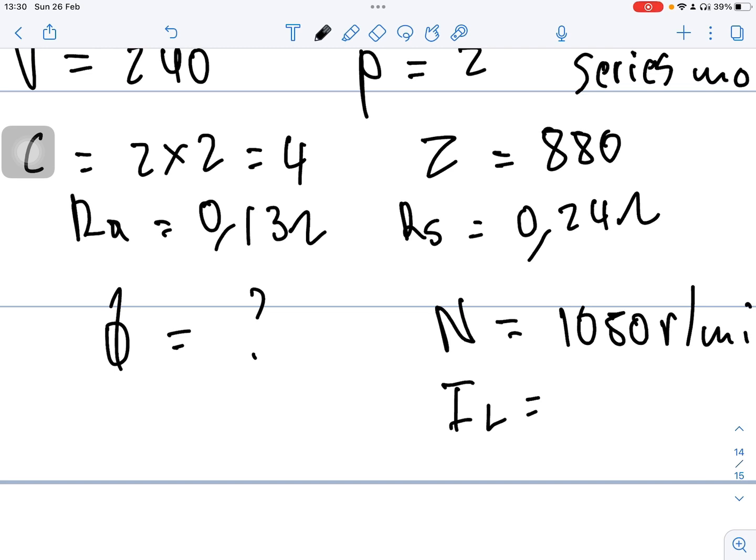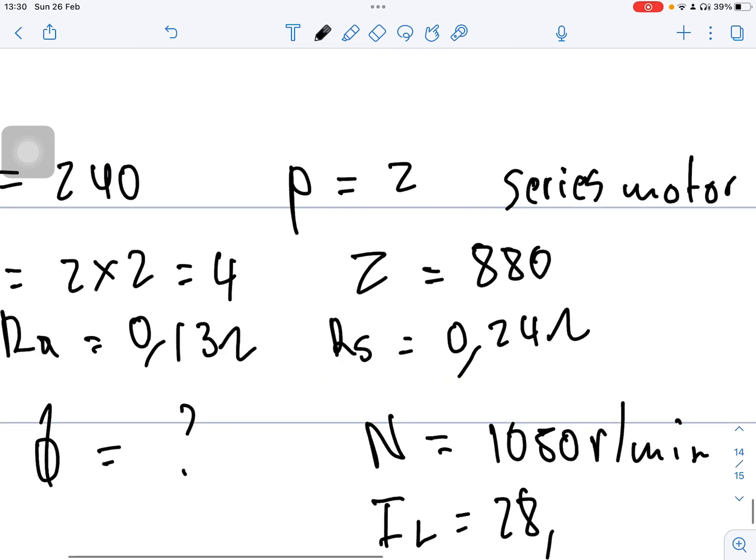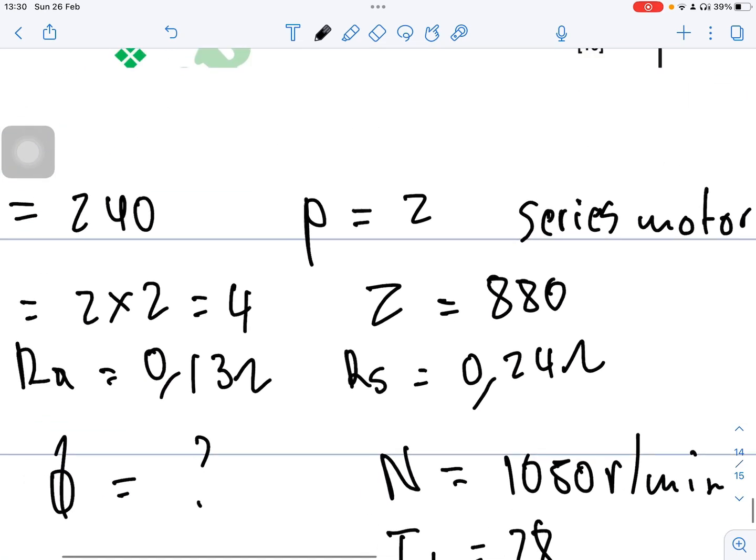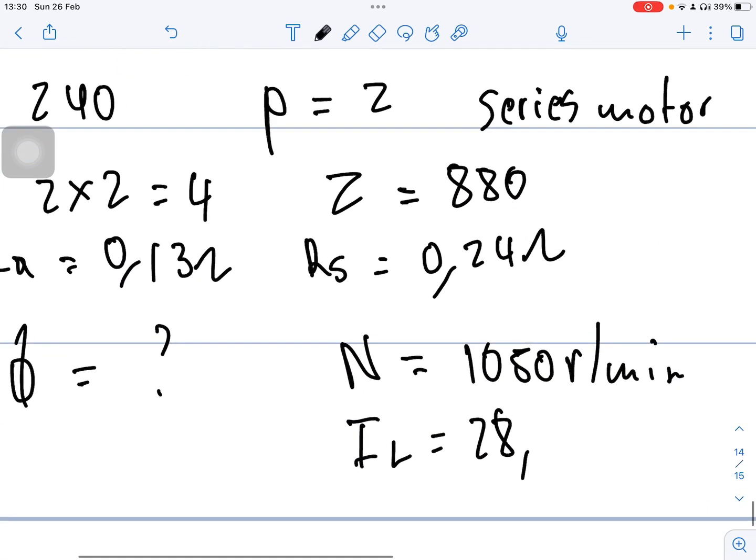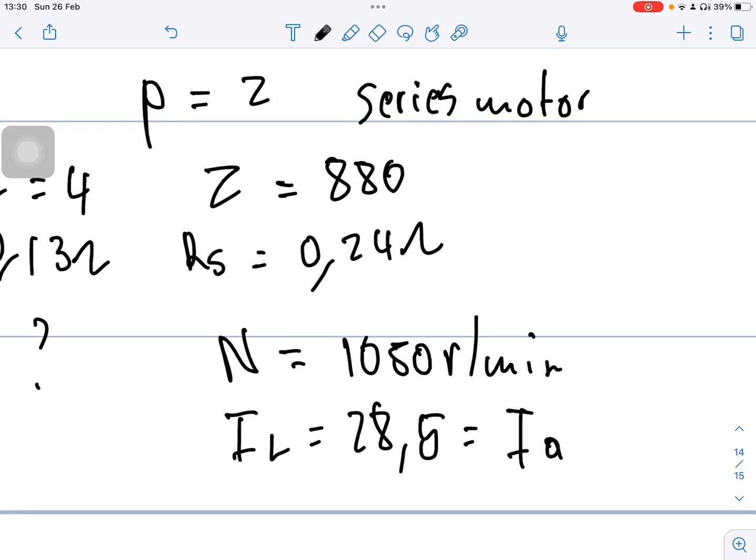I load here equals the armature current.